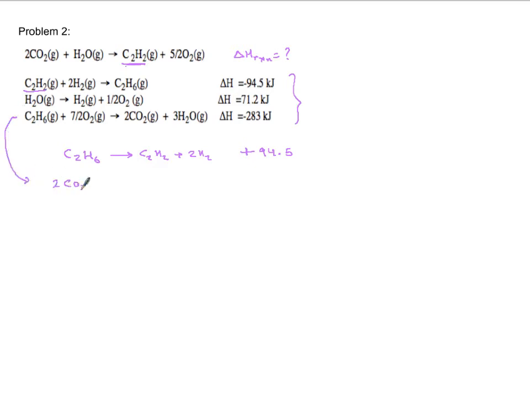So I have 2 carbon dioxide plus 3 H2O giving me C2H6 plus 7/2 O2. I change the sign because I reversed the reaction, 283. Now if you stop here, the C2H6 cancel each other out. So that was my intention.